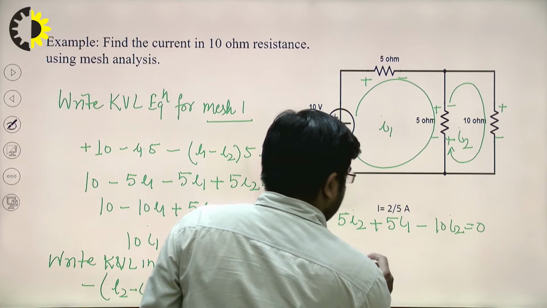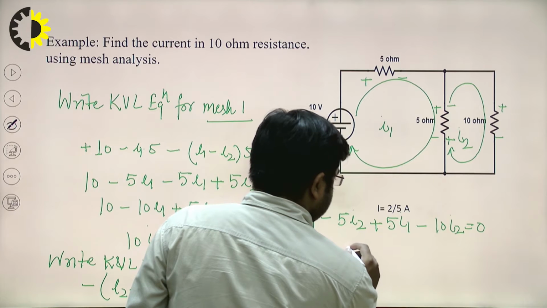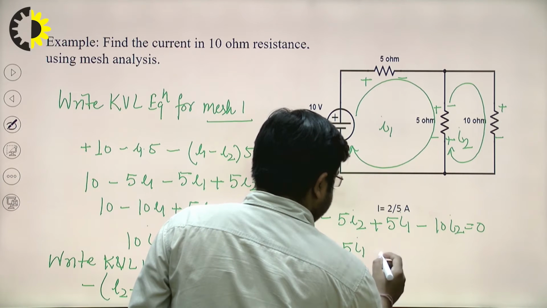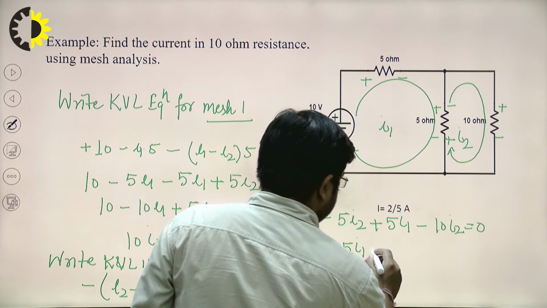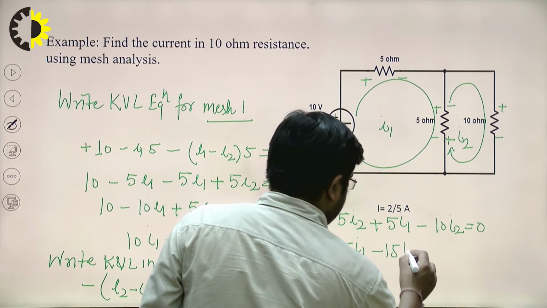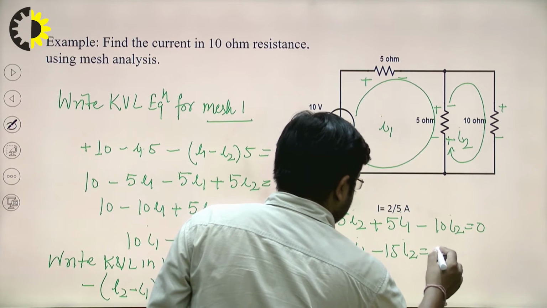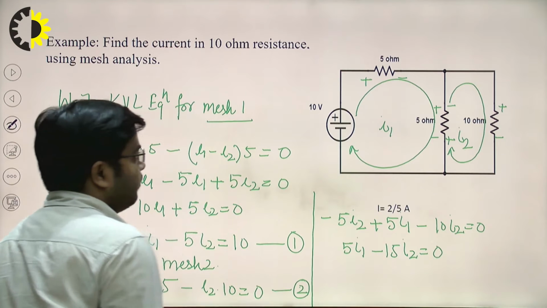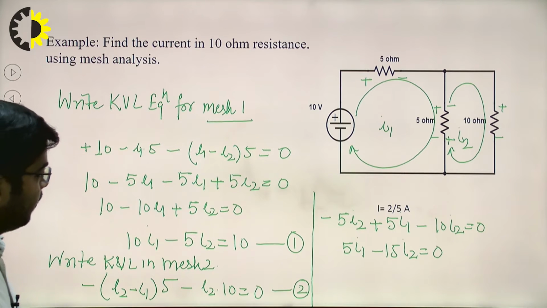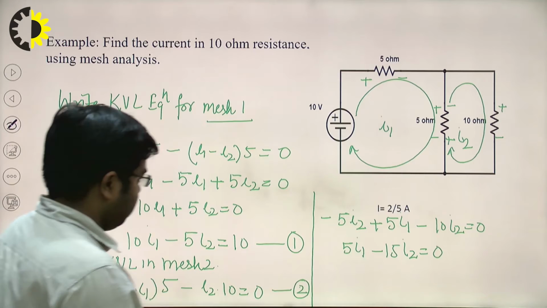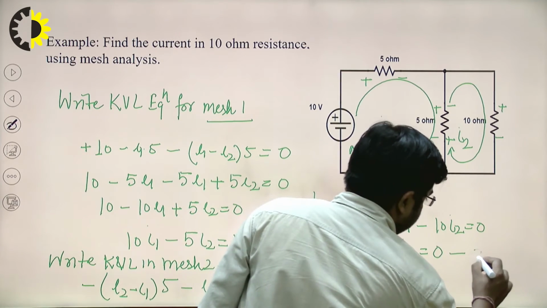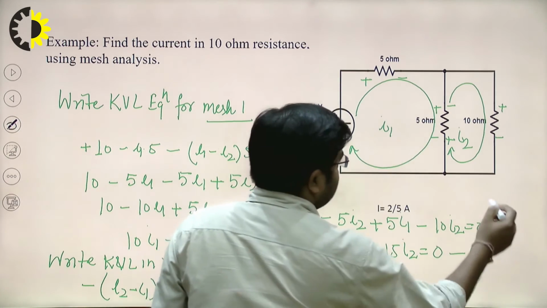Okay, so you can write 5 I1 minus 15 I2, that is equal to 0. Now suppose this is equation number 2. Okay.